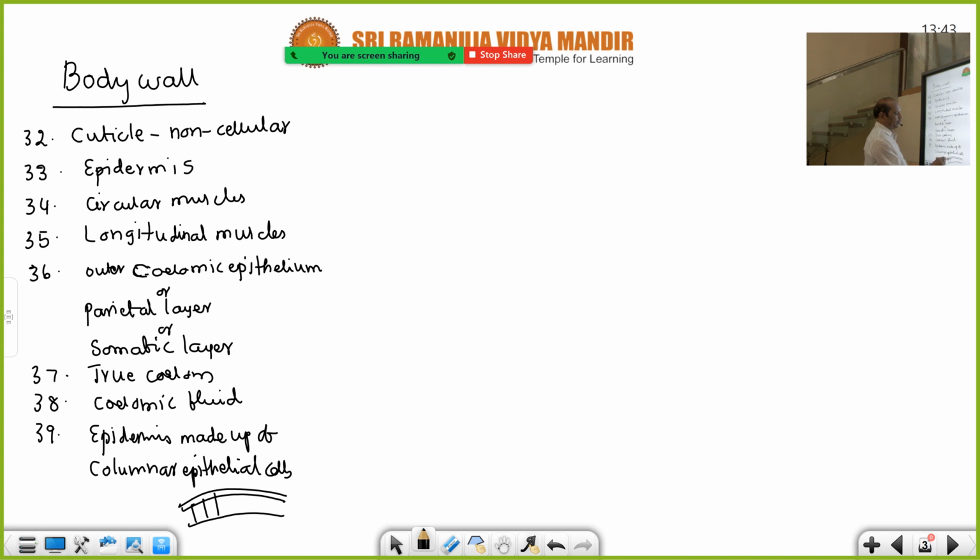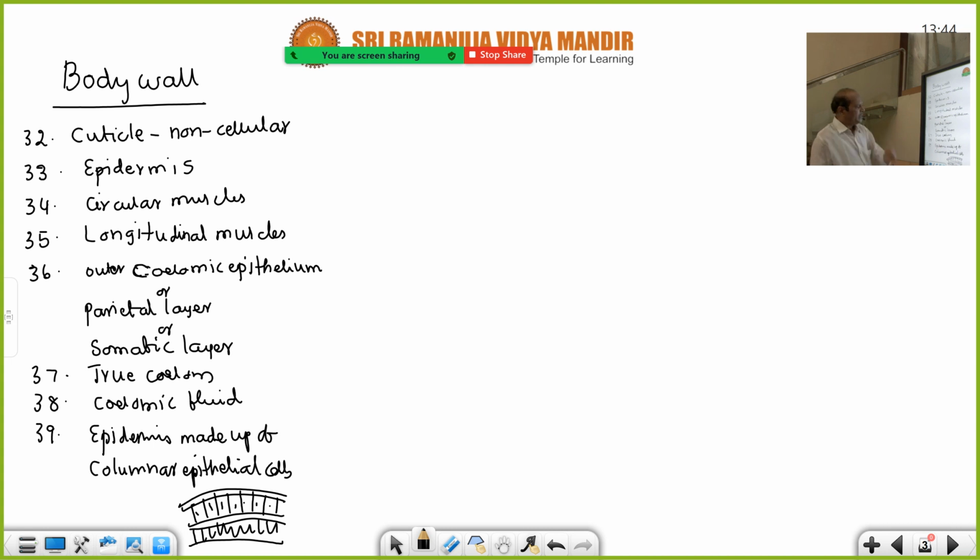These are the simple columnar epithelial cells with nuclei at their basal region. These are nuclei, and this is circular muscles, and these are longitudinal muscles, and outer coelomic epithelium. First line is cuticle, next epidermis, then circular muscles, then longitudinal muscles, then outer coelomic epithelium. So this is body wall only, that is given anatomy of the earthworm.